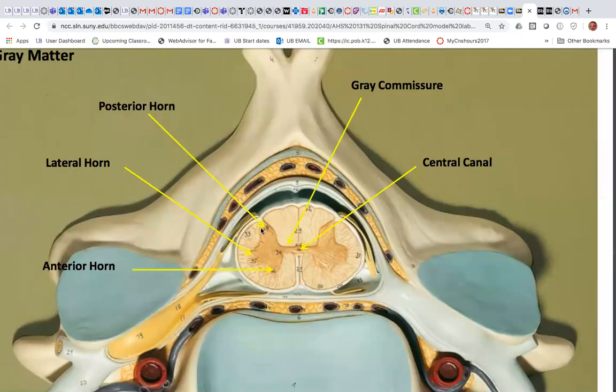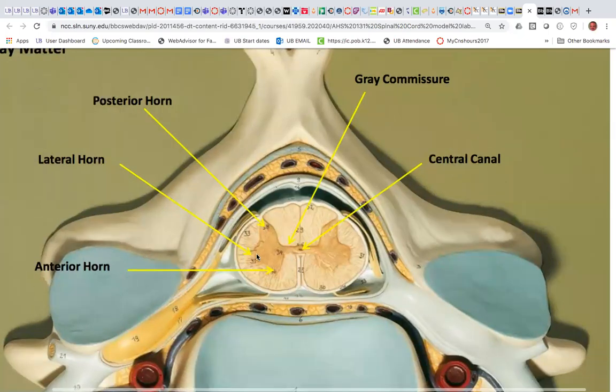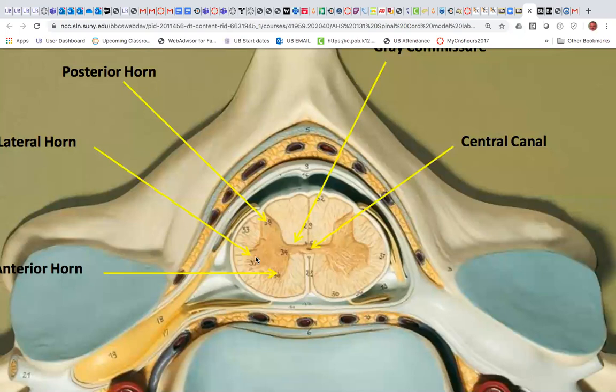Okay, these are your horns. You've got your dorsal horn, your ventral horn, and lateral horn. Now, lateral horn, they put this here. It's rare that you're going to see it in the cervical region. The lateral horns are really predominantly found between T1 and L2. But I guess they kind of put it here just to teach it.